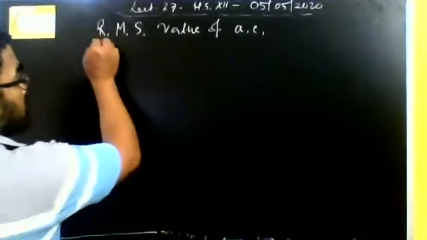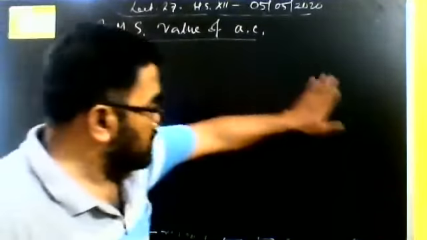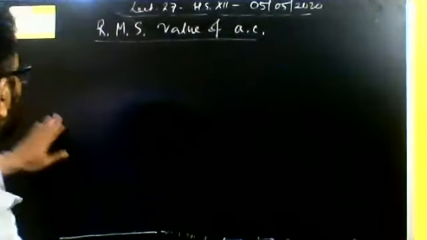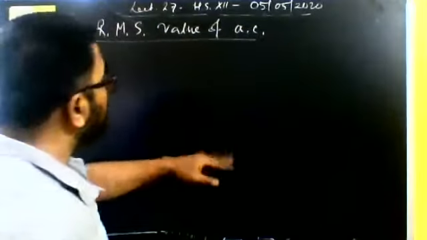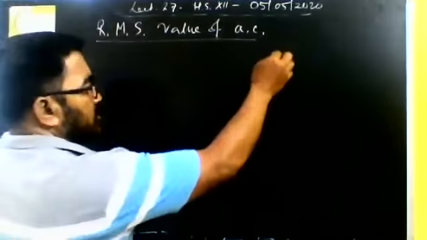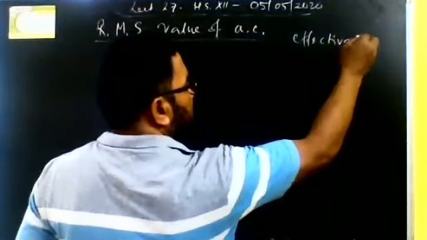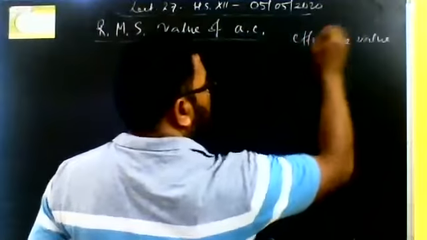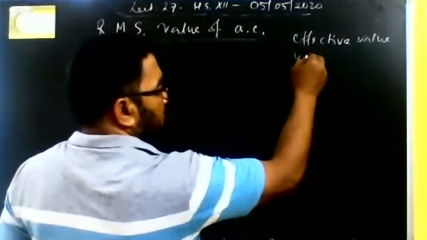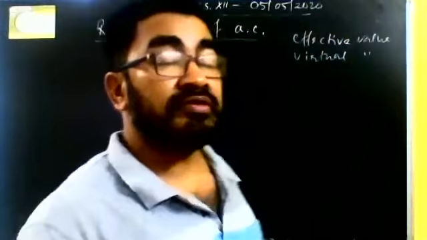So RMS value of AC is also known as effective value, or sometimes it is called virtual value also.